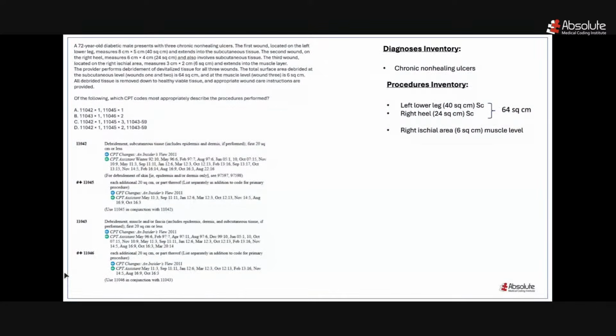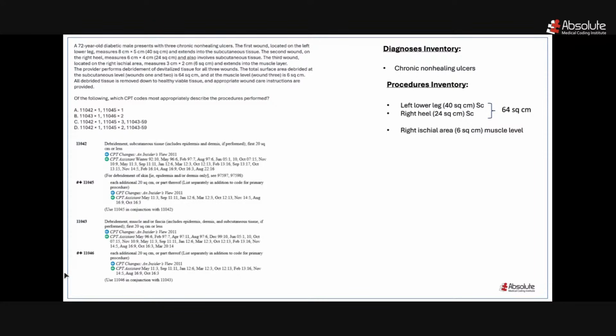We know from the guideline that if a debridement is performed at the same depth, we can add those areas. So we had 40 square centimeters and 24 square centimeters of debridement performed at a subcutaneous level, so we can add those two areas, and that would give you 64 square centimeters of debridement performed at a subcutaneous level.